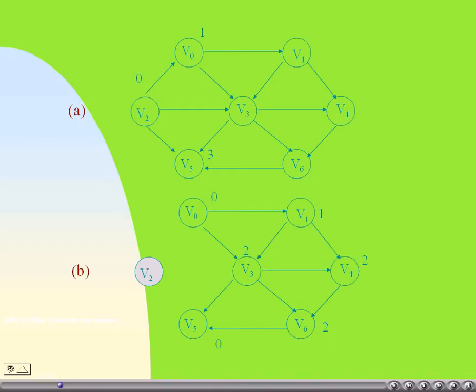If you verify, V0's indegree is 1. Now after removing V2, its indegree value became 0. Similarly, V5's indegree is 3. Once we remove V2, it will come down to 2. Like this, we adjust the indegrees of the adjacent nodes.